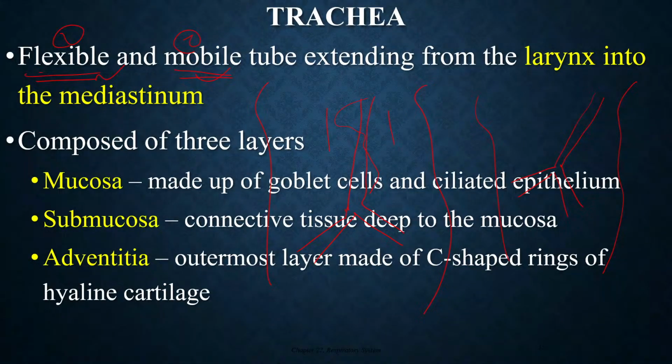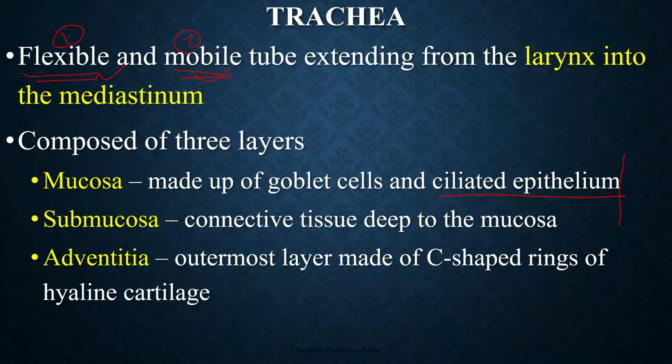So the uppermost layer, that is the mucus, it is made up of goblet cells and ciliated epithelium. What is meant by ciliated? Ciliated here simply means hairs. Cilia are hairs. The epithelium, which I said is the uppermost layer of any organ, of any conduit or passage, is normally called the epithelium.